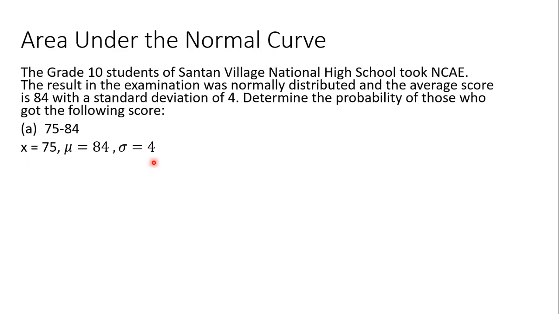So, substituting the values to the formula of our Z-score, we will arrive at the answer negative 2.25. Negative. So it means ang area bounded by 75 to 84 ay nasa kaliwa or at the left side of our curve coming from the mean. So let us now illustrate the graph.